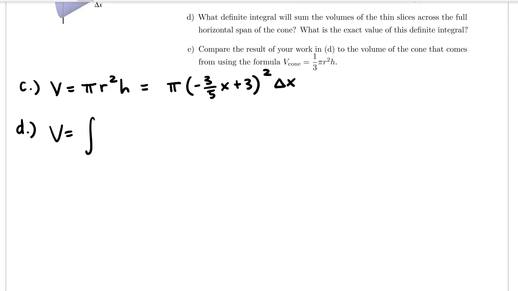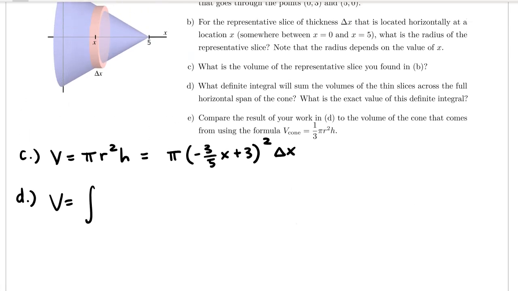Looking back up at the picture, my first slice of bread, which is maybe here, and it has some thickness to it, starts at x equals 0. And then if I continue to draw these slices of bread, my last slice of bread would be here at x equals 5.